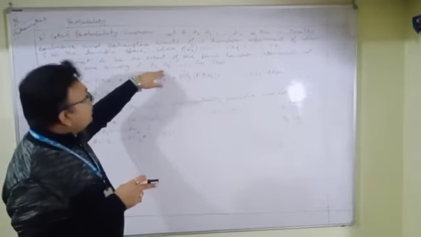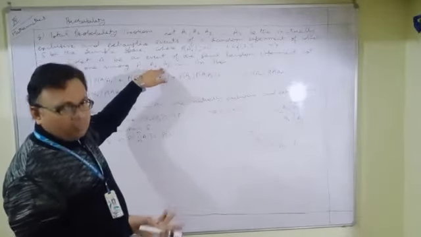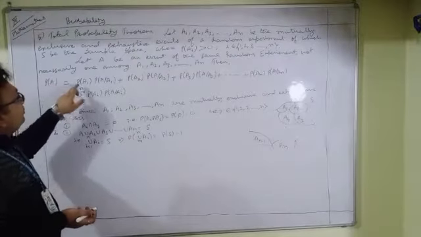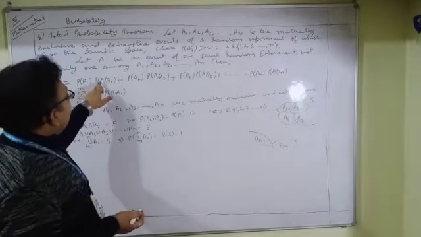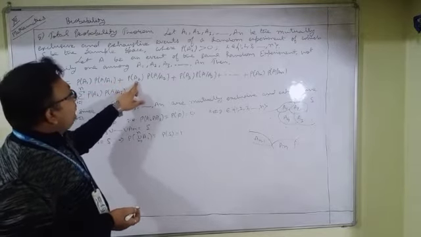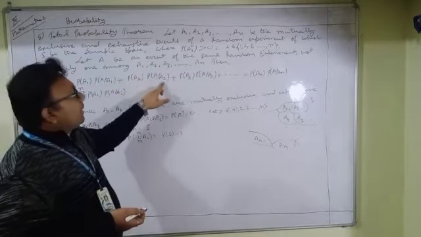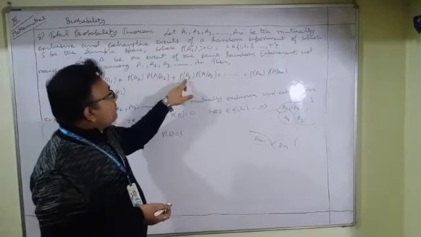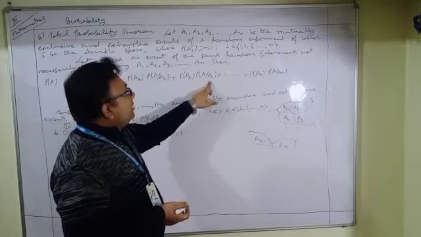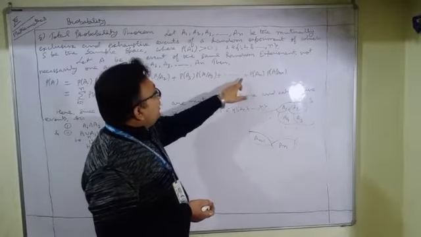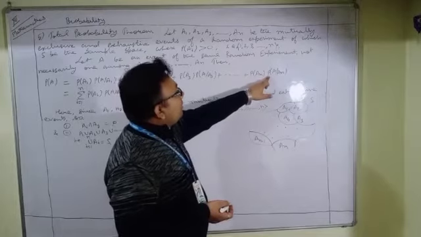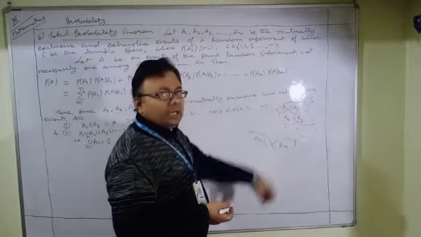It may be among one of them, or it may not be. Then probability of A is equal to probability of A1 into probability of A given A1, plus probability of A2 into probability of A given A2, plus probability of A3 into probability of A given A3, plus ..., plus probability of An into probability of A given An.